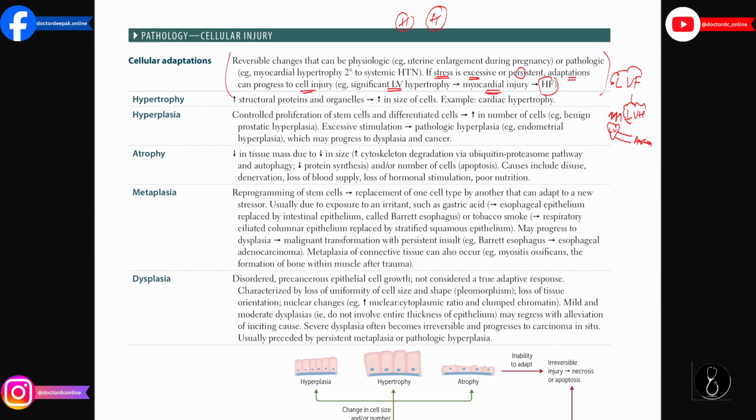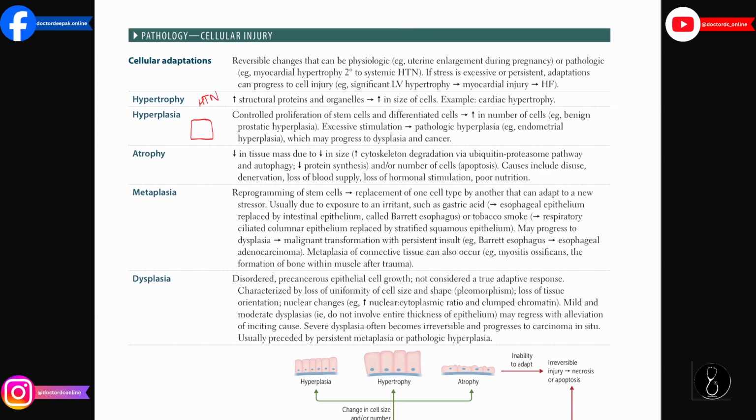After that, let's take an example of the first growth adaptation or cellular adaptation, that is hypertrophy. First of all, we have to understand the basic definition. What is hypertrophy? Let's take an example of one cell, a cell of the left ventricle. In case of hypertension, what happens?